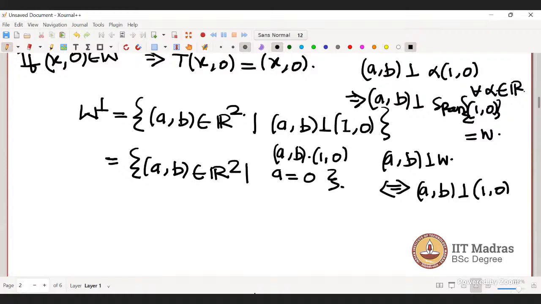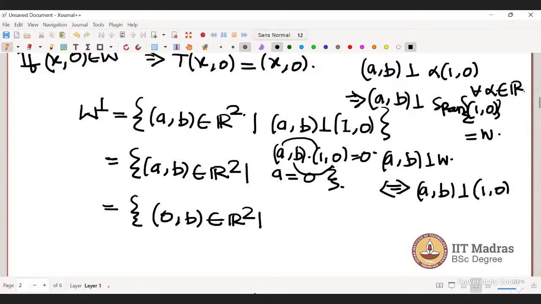No, this is 0, right? So you have to multiply a with 1 and b with 0. So then you will get a is precisely 0, right? So then this set is nothing but (0, b), b in R, or b is arbitrary. So this is precisely the y-axis.